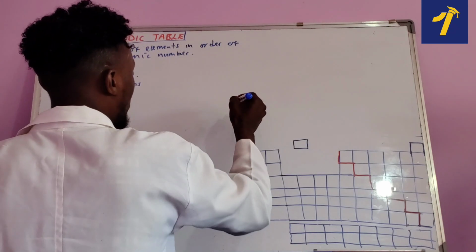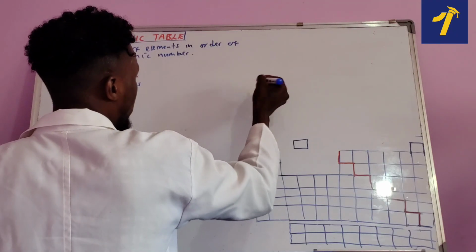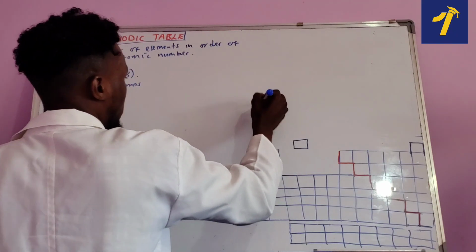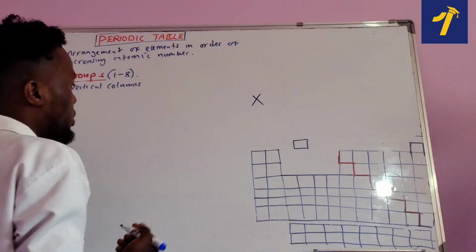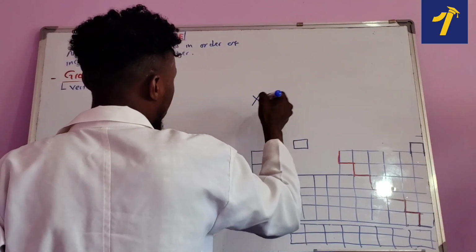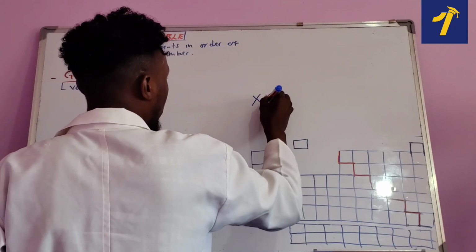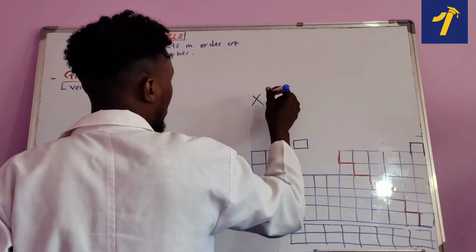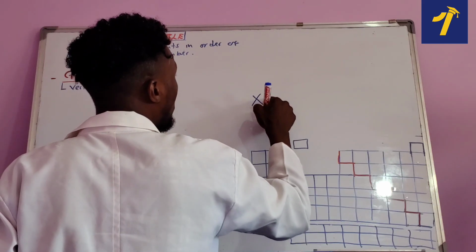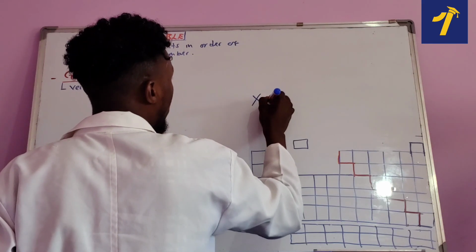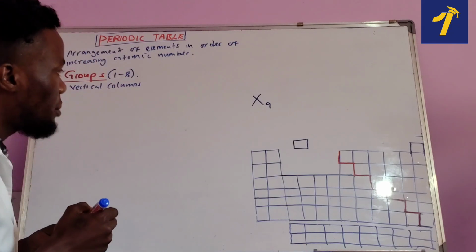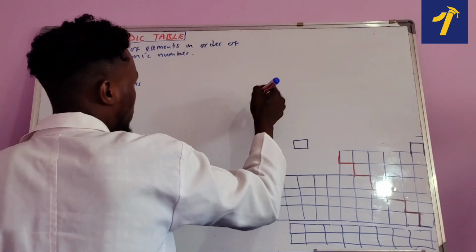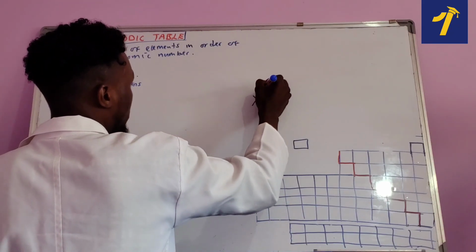If I was to pick this one, let's say element x, then say element x has maybe the atomic number of 9, as well as the mass number of 19.